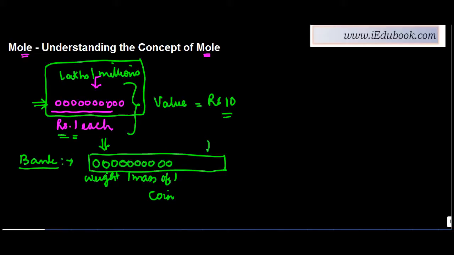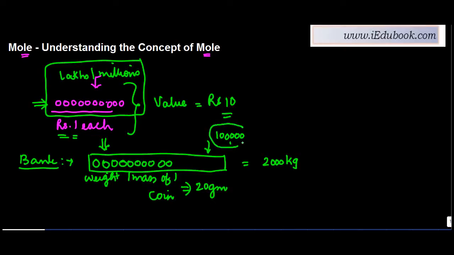Let's say there were 100,000 coins, and the mass of all these coins taken together was 2,000 kgs, right? If you know that the mass of one coin is equal to 20 grams, you can easily find out what is the total number of coins, right?